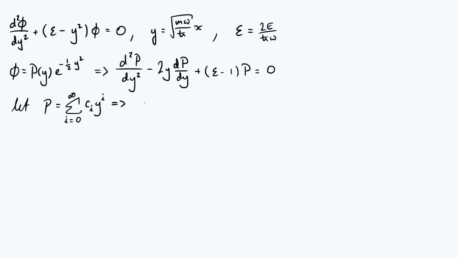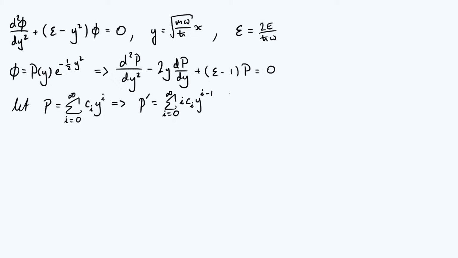Now in order to do that, we have to differentiate a trial solution for p twice. So let's first differentiate once, and we say p dash meaning dp by dy. Well, we can just differentiate it term by term, so it's still a sum where i goes from 0 to infinity. This time, when we differentiate y to the power of i, we pull down a factor of i, so you get i c_i, but now your power of y is y to the i minus 1.